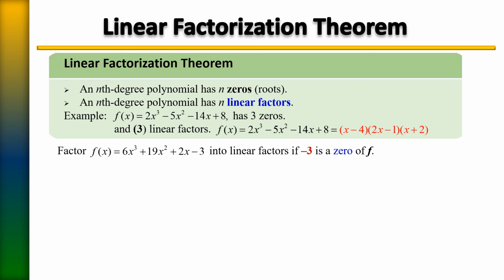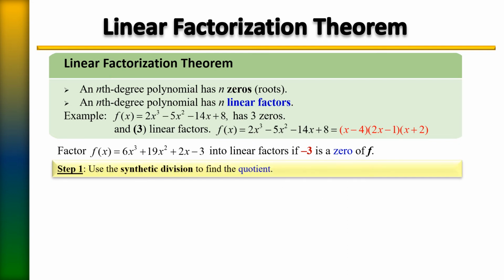So if we were to plug that into the synthetic division, we're going to have a remainder of 0, because recall, if a number is a factor of a polynomial, it will have a remainder of 0.